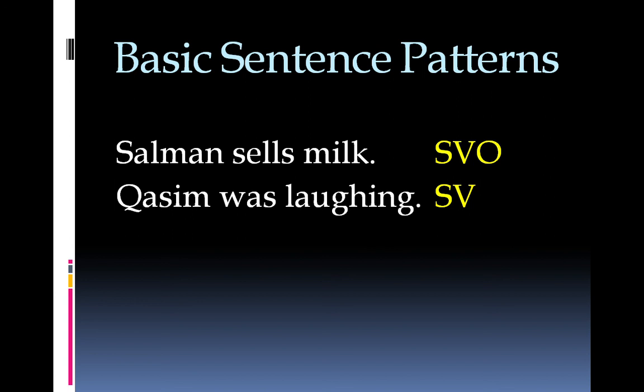This verb laughing does not need an object to make complete sense. Hence, it's an intransitive verb. It's an action word. A main verb shows the action of the subject, but it does not have an object. The pattern of such sentences, where the verb is an intransitive verb, is SV.